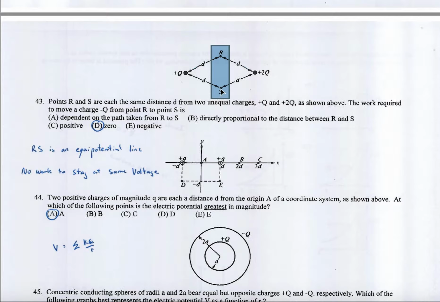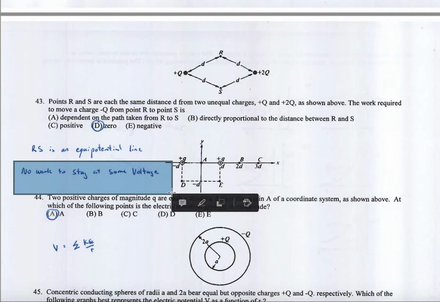So if you're here, it's like kQ over d plus 2kQ over d. So all of this is at the exact same potential, which means there's no work required to move along an equipotential line. No work required to stay at the same voltage. It requires work to move a proton up a voltage, and it requires work to move an electron down voltage.